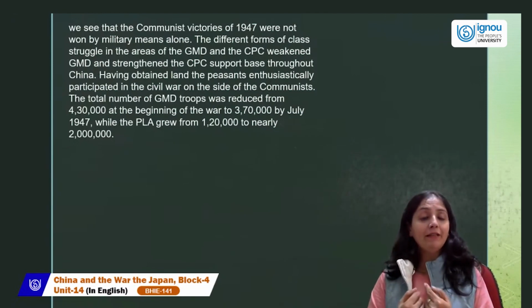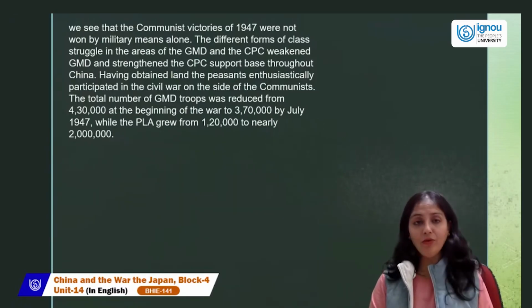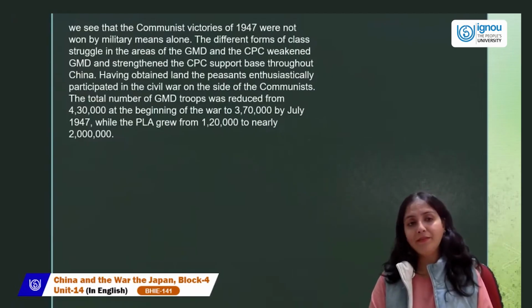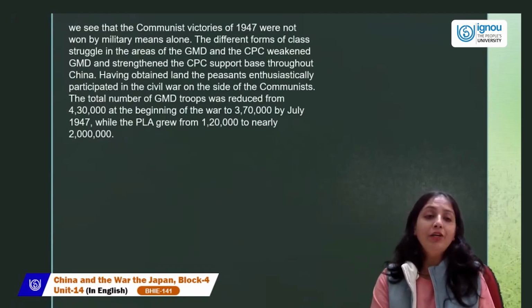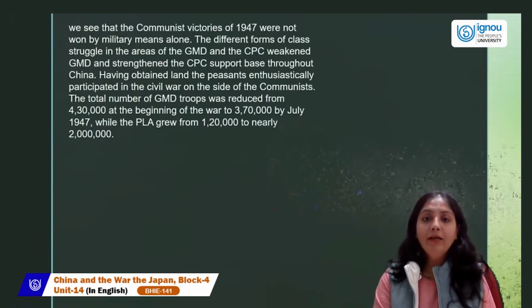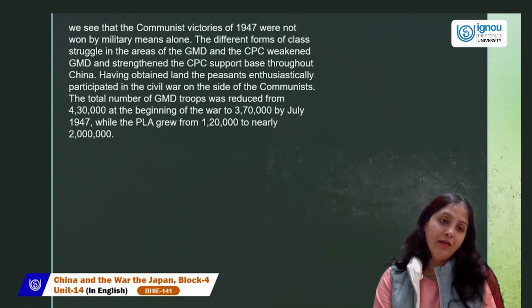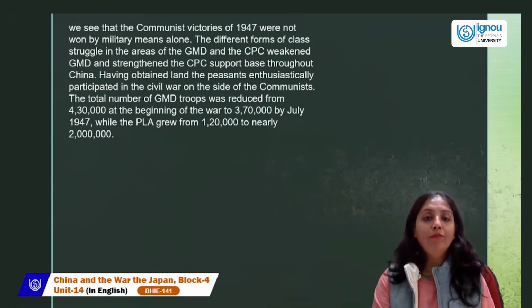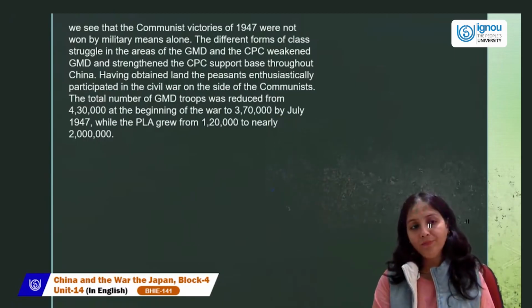Having obtained land, the peasants enthusiastically participated in the civil war on the side of the communists. And the total number of Guomindang troops was reduced from 4,30,000 at the beginning of the war to 3,70,000 by July 1947, while the PLA grew from 1,20,000 to nearly 2 crores.